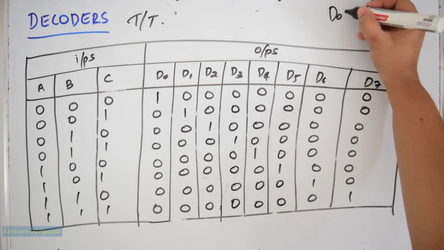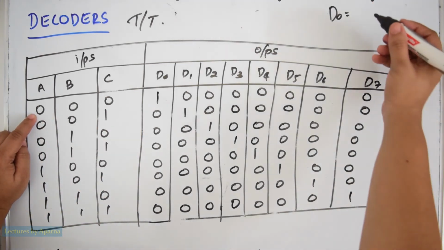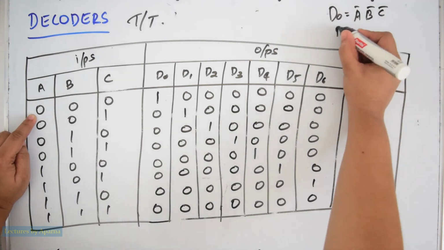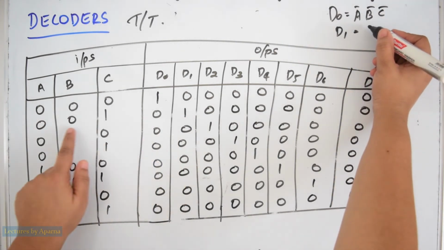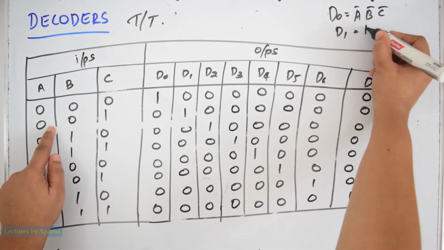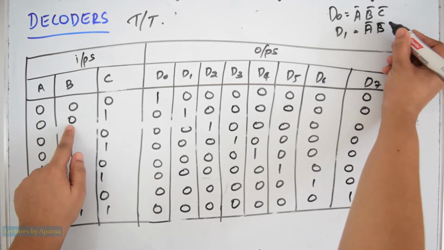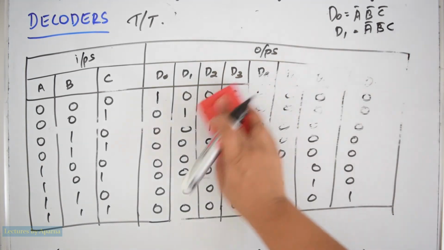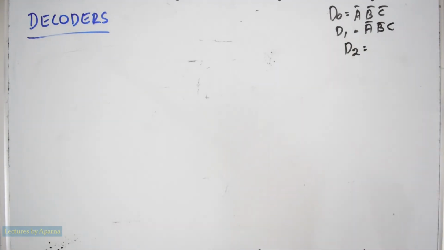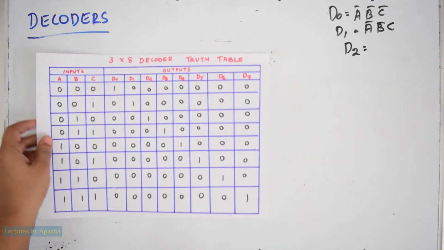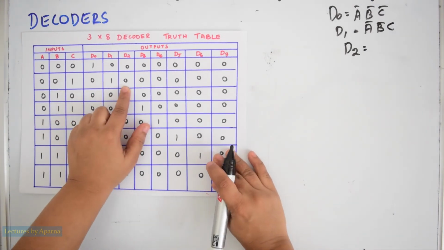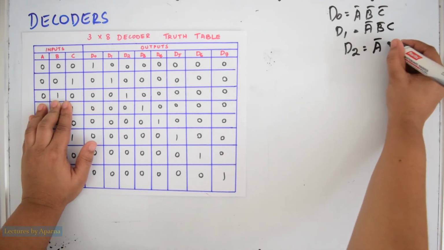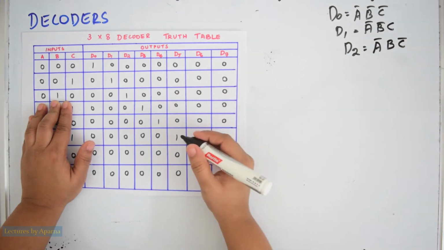So D0 will be equal to A bar, B bar, C bar. D1 will be equal to A bar, B bar, C. Likewise, we have to write till D7. D2 will be equal to, I have the truth table here, so D2 will be high when the inputs are A bar, B, C bar.